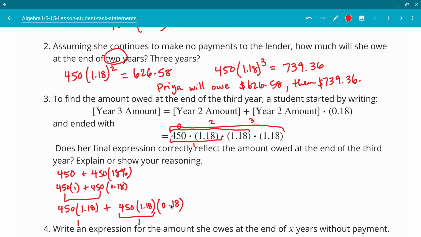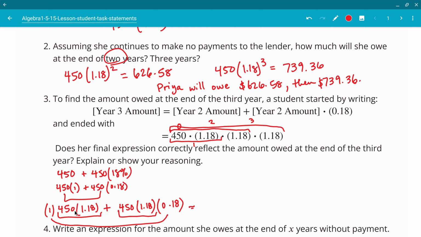So this whole thing right here is the same thing as 450 times 1.18 times 1. Just like last time, now instead of factoring out 450, we can factor out 450 times 1.18, and then add these two.